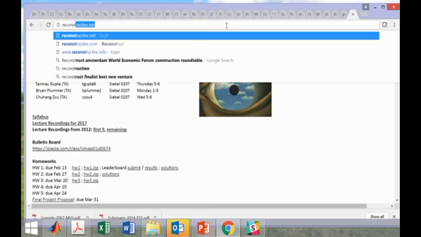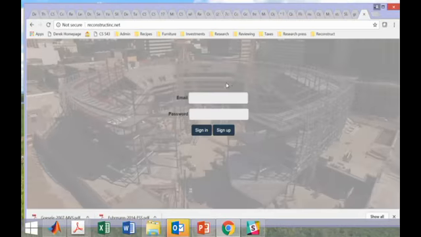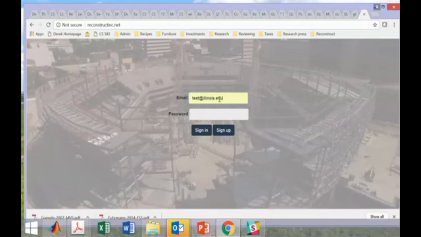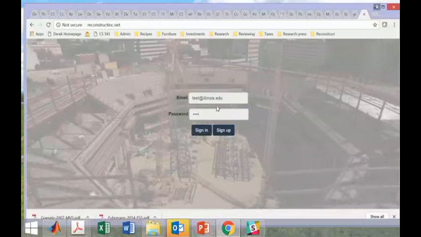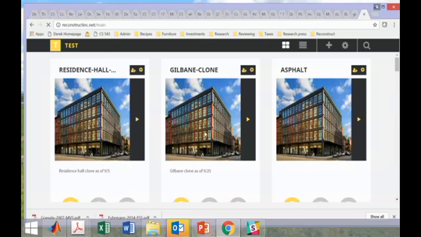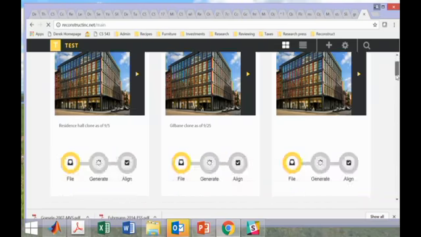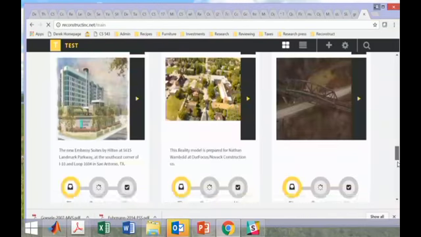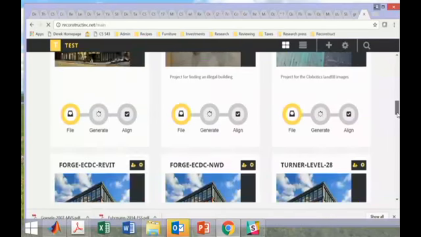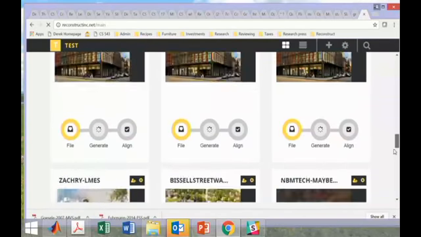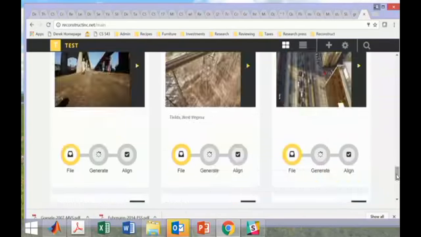I'm just going to show a couple of examples from Reconstruct.